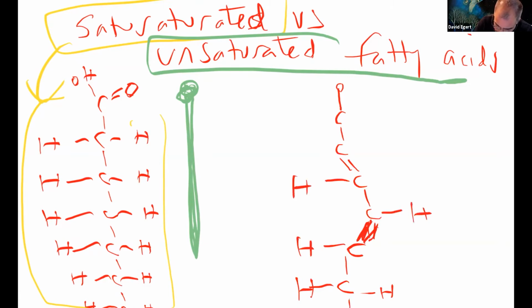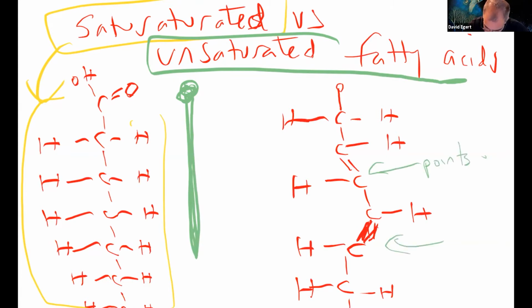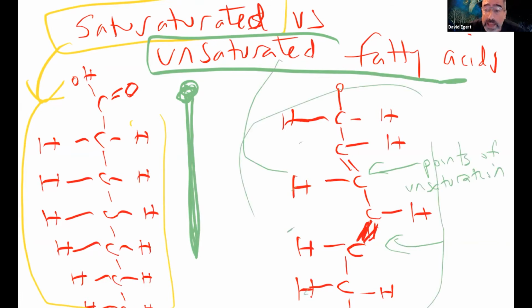You can't have as many hydrogens on there. So whenever you have these points of unsaturation, let me change the color. Right, we are now unsaturated because you don't have the total max of how many hydrogens you can put on this thing.